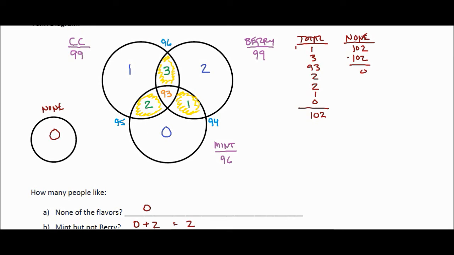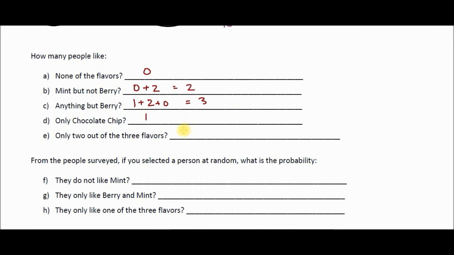So when you look at those categories, let me erase that again so we don't mess up our Venn diagram. Okay, you look at the ones that like 2 out of the 3, it's all these overlaps right here. Not the middle one, they like all 3. So 3 plus 1 plus 2. That means 6 people like 2 out of the 3 flavors.